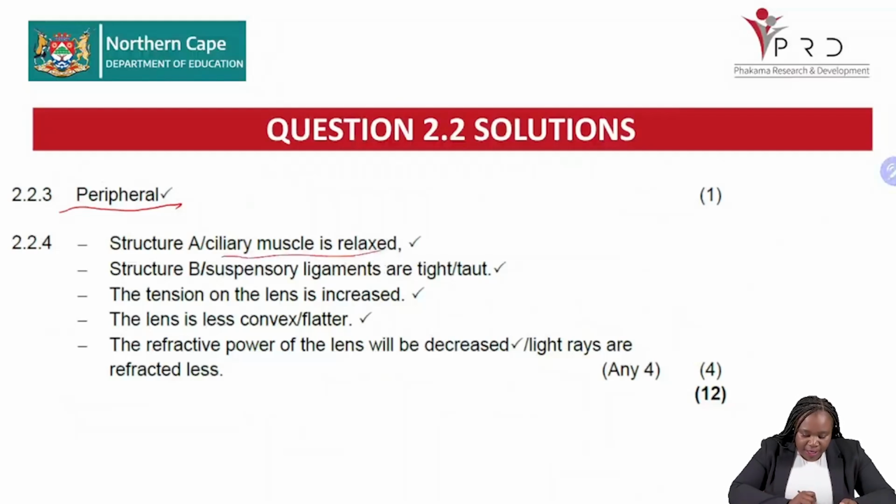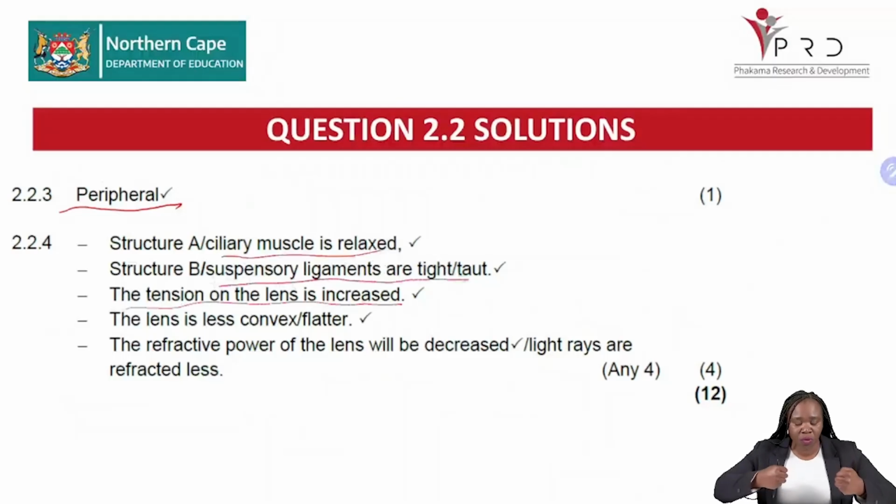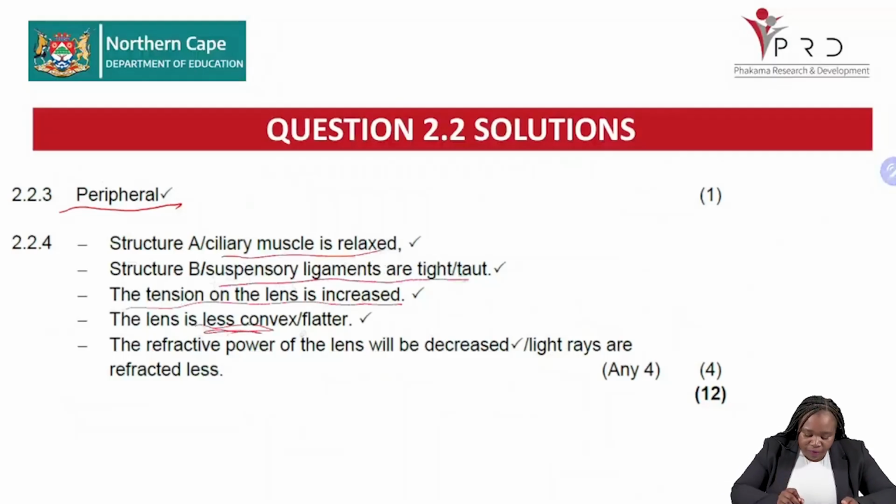Ciliary muscles have relaxed. The suspensory ligaments are taut or tight. Right. The tension would increase on the lens because it has been pulled. Now, if the tension increases, the lens is less convex or flatter, more flat, right?